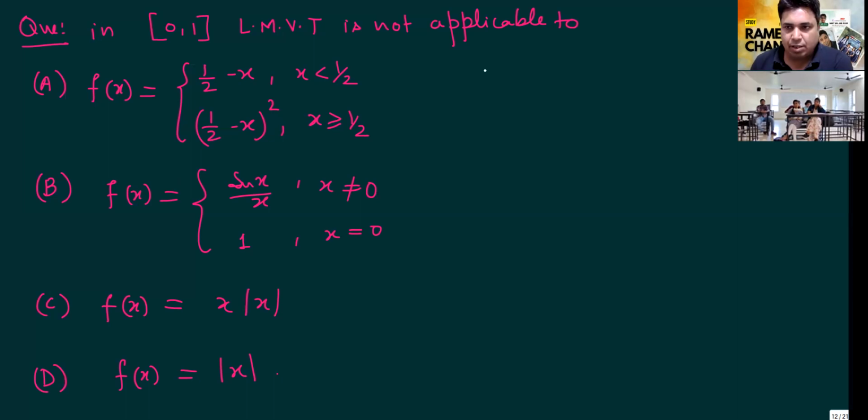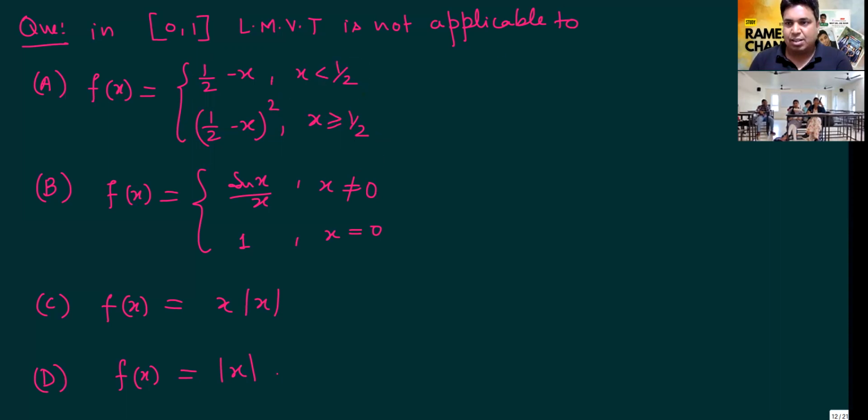Let's check it one by one. What can we say about A? Is it continuous in the closed interval 0 to 1? This is a polynomial function. This is also a polynomial function. So it must be continuous in its domain. Where might the problem be? At half.